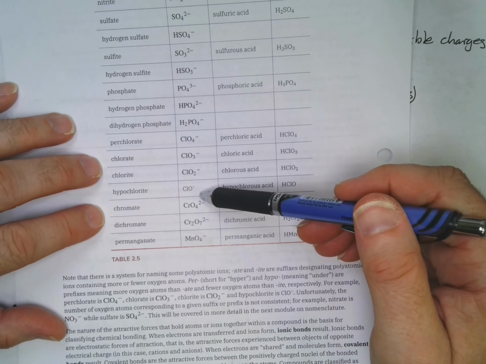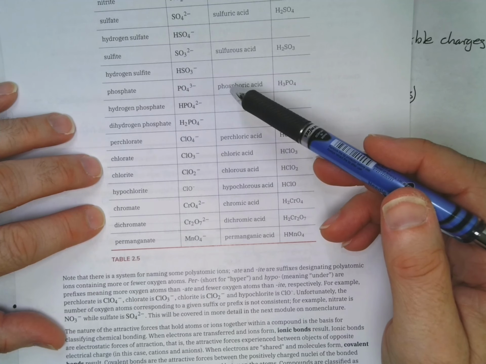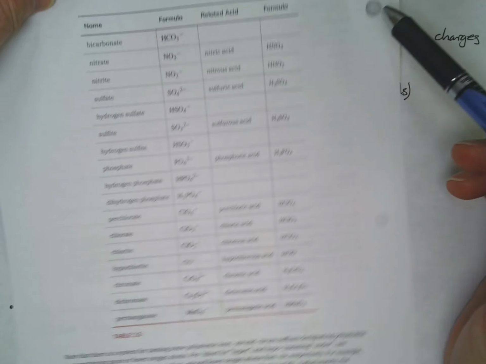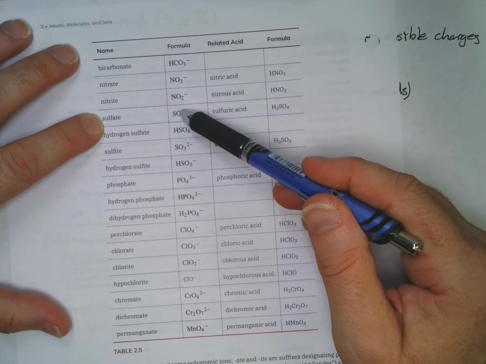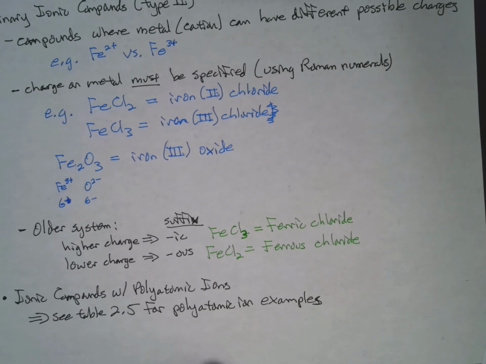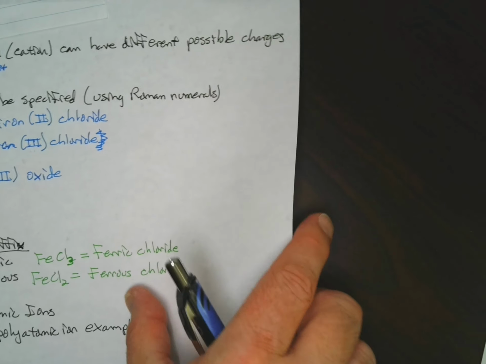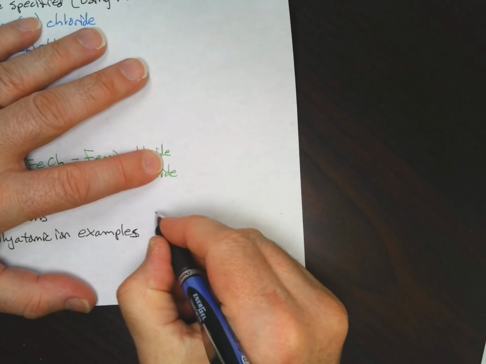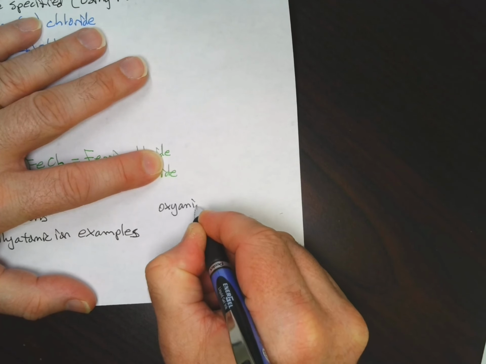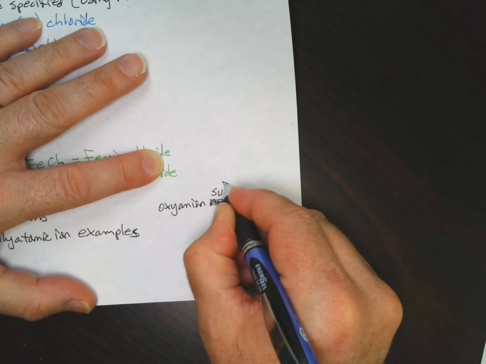So it's kind of similar to things such as sulfate has more oxygens than sulfite. So make sure that you are on the lookout for your oxyanions. So let me just add that in here. We'll say oxyanion suffixes.